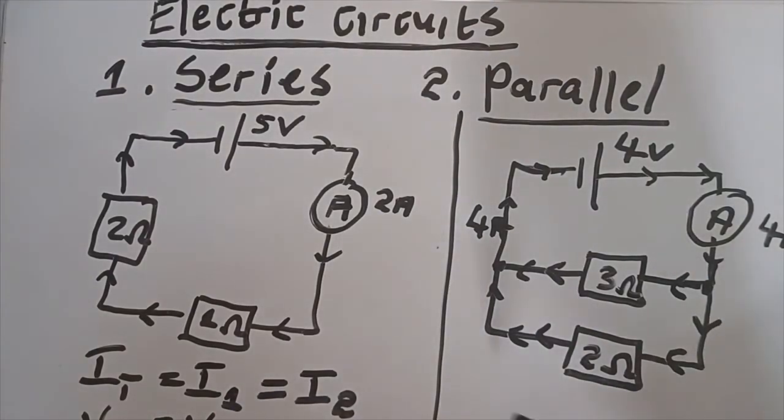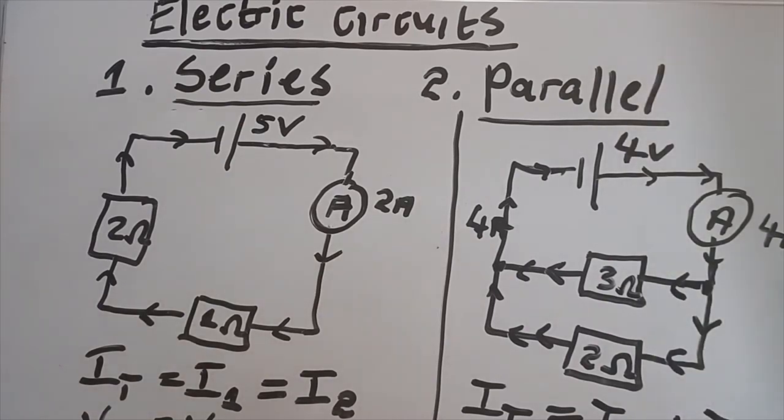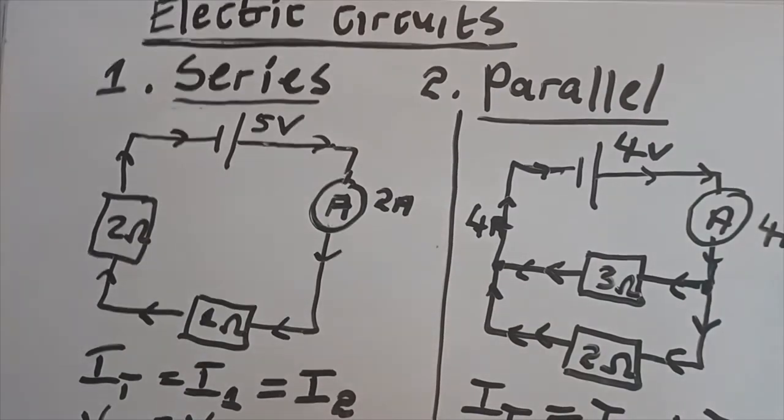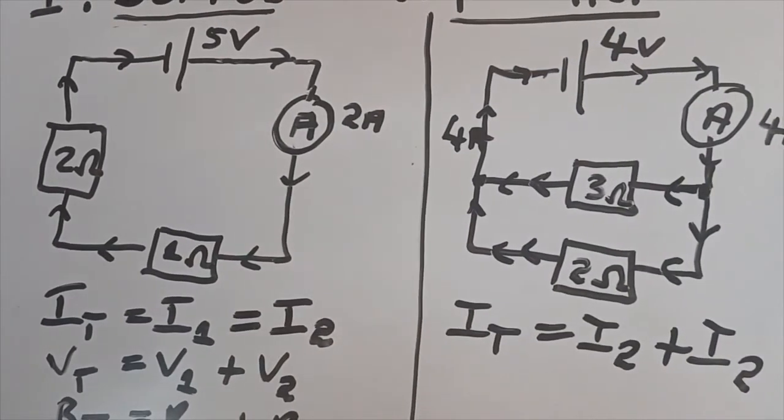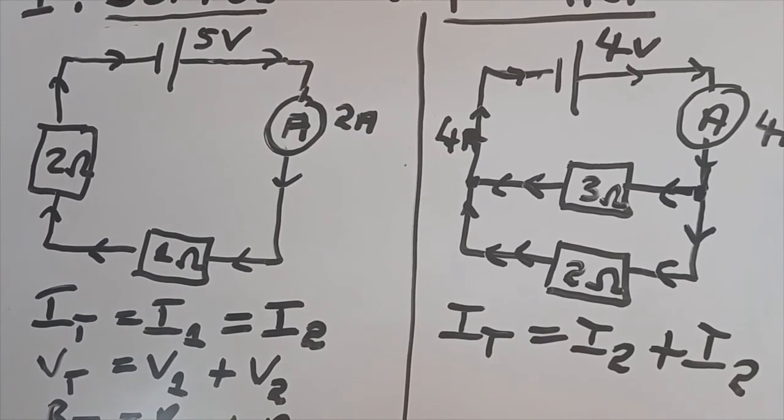So the total current here is going to be the current of resistor 1 plus the current of resistor 2. So this is what we're going to get.